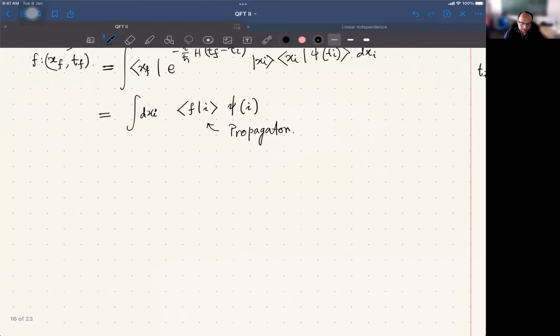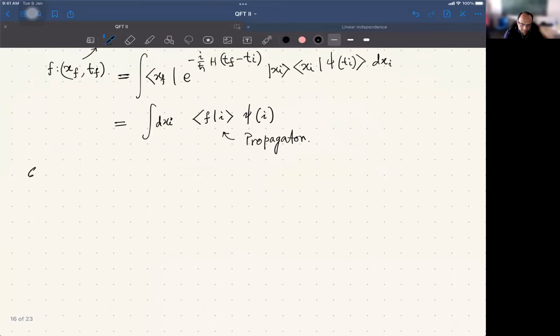Now you can show, it's an easy exercise, that i h bar del/del t_f of the propagator f i. Sometimes it's also called a kernel, K(f, i), where f is x_f t_f and i is x_i t_i.